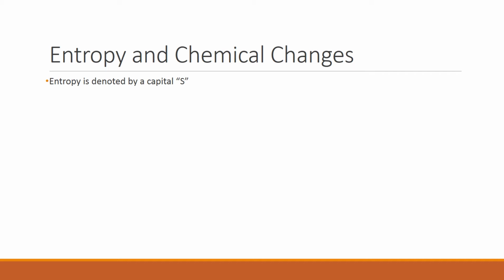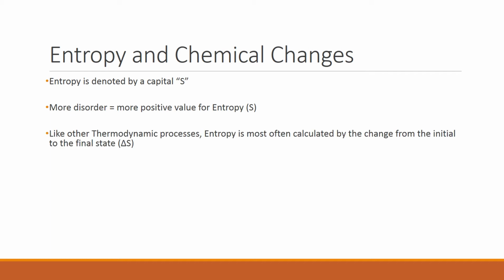We denote entropy, if you noted from the previous slide, by a capital S, like how enthalpy is denoted by a capital H. When we have more disorder, we have a more positive value for entropy. That's a really important thing to know. When we have more disorder, we are going to have a more positive value for entropy.